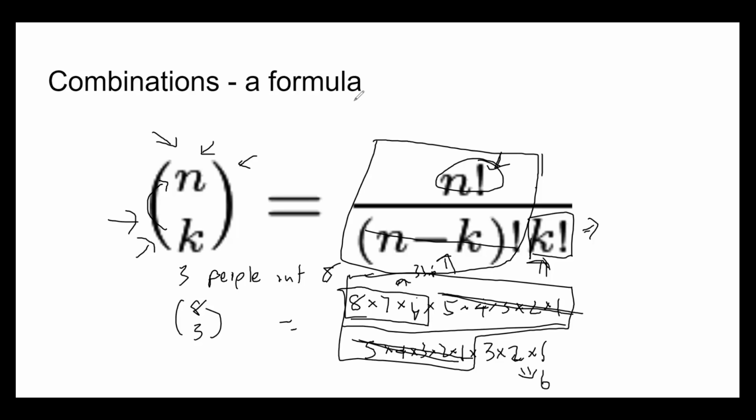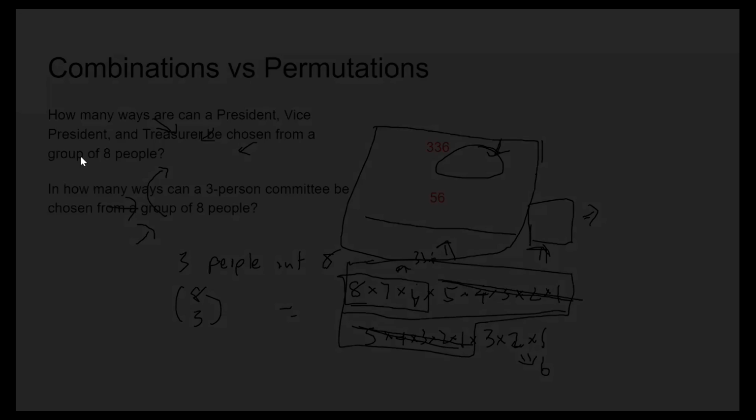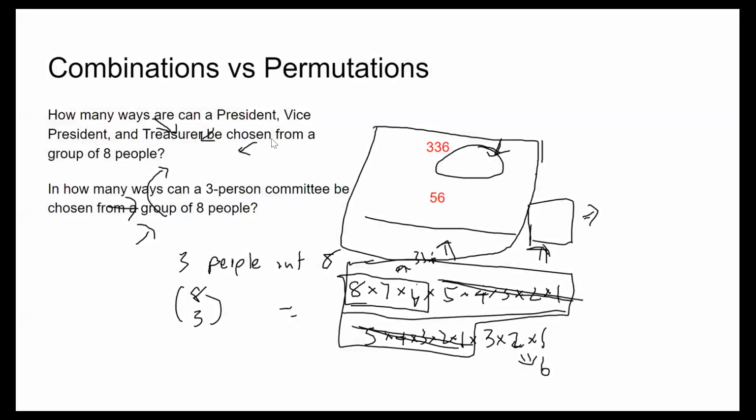Okay, so if you are just getting here, the problems we're talking about look like this, where we have 8 people and we have to choose, for the permutations at the top, 3 special roles out of them.